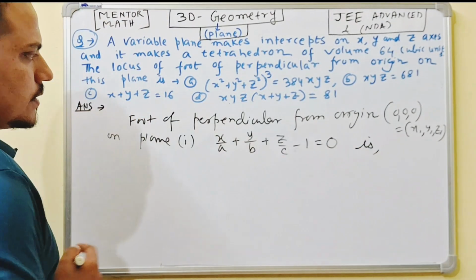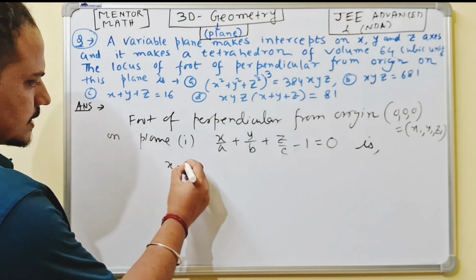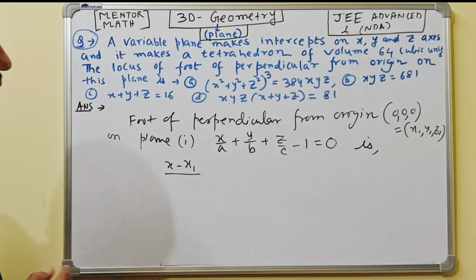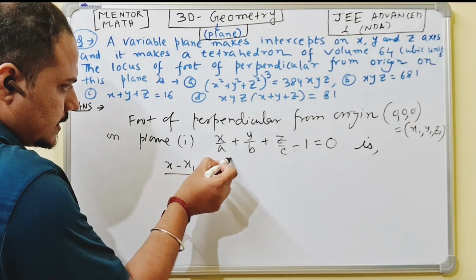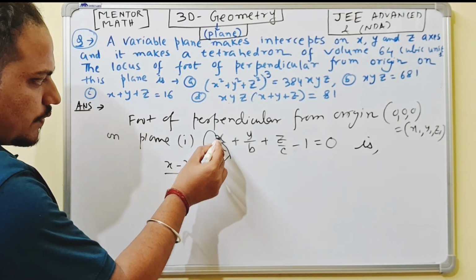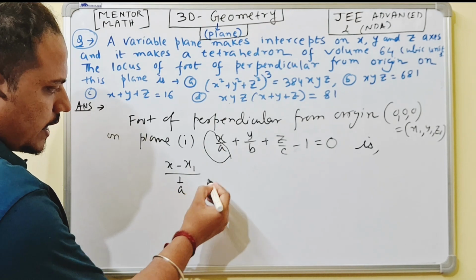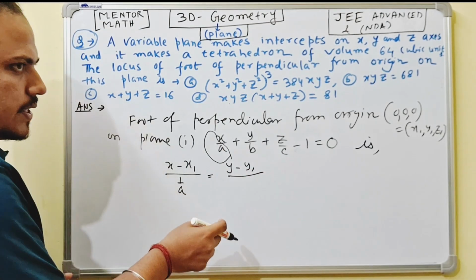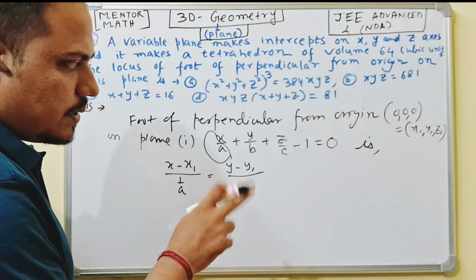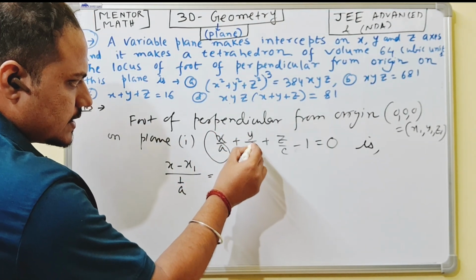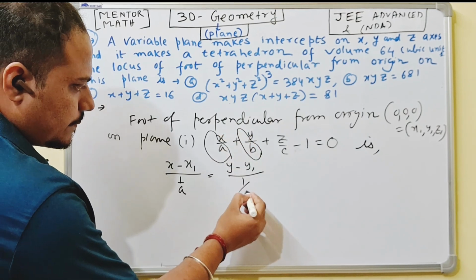The formula is (x minus x1) by the direction cosine of the x-axis. In that situation, the direction cosine of x is the coefficient of x, that is 1 by a, is equal to (y minus y1) by b. The general formula is the same: b means the coefficient of y, that is the direction cosine of the y-axis, here 1 by b.